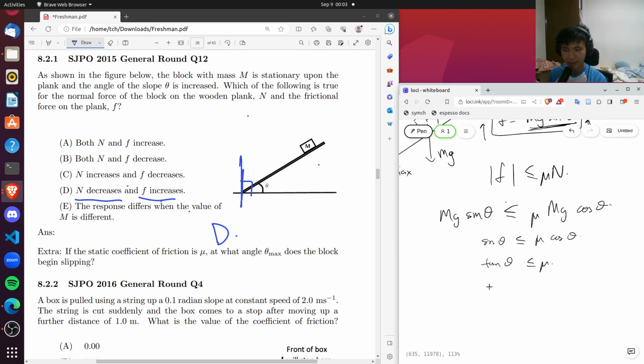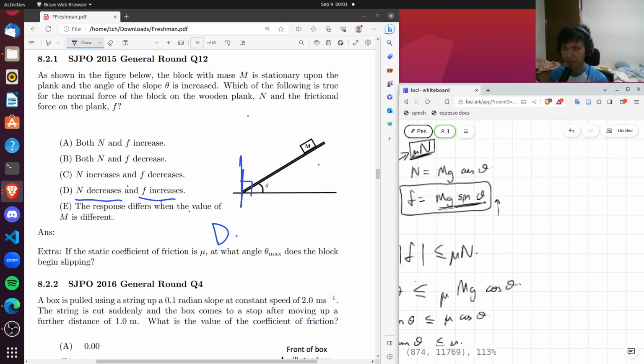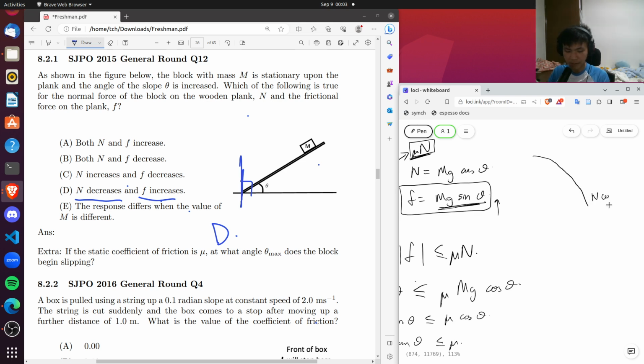And hence the angle at which the object starts sliding is the maximum possible angle, the angle where tangent of theta max is equal to mu. Another way to see this is that if we plot these two functions over here, we know that N equals mg cosine theta looks like that.